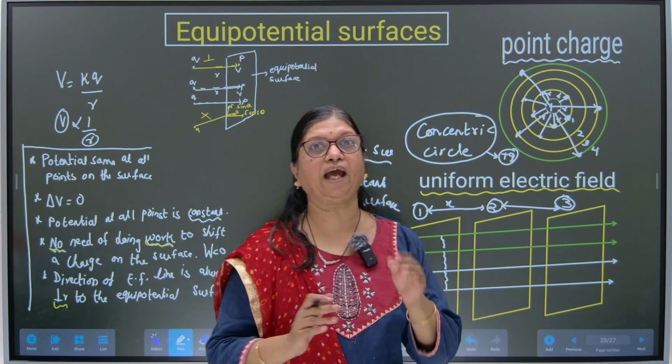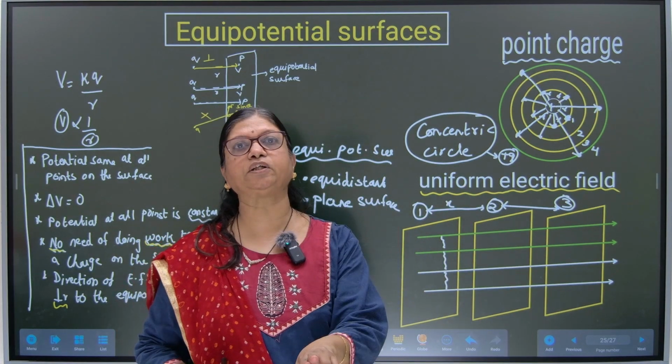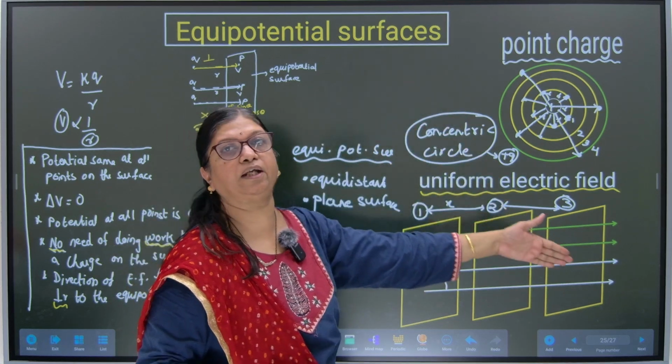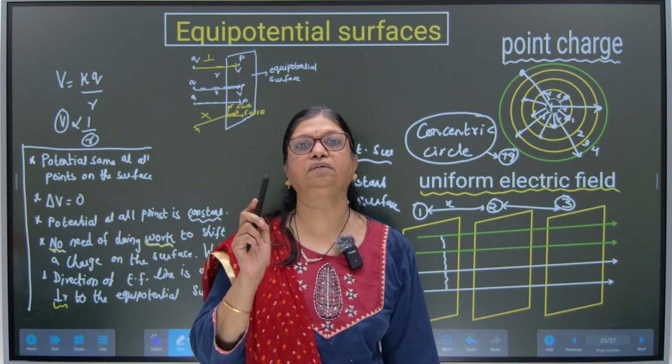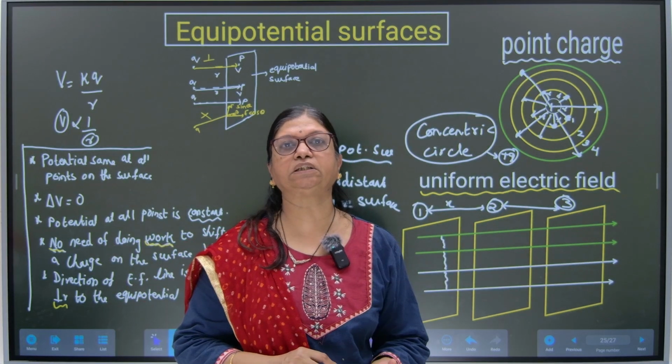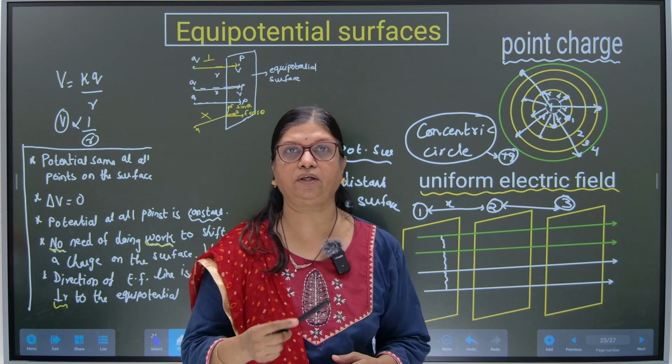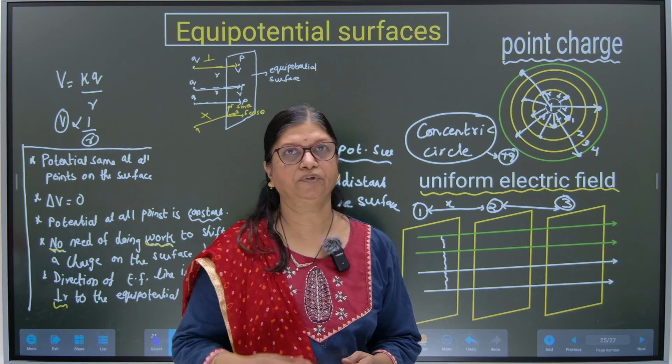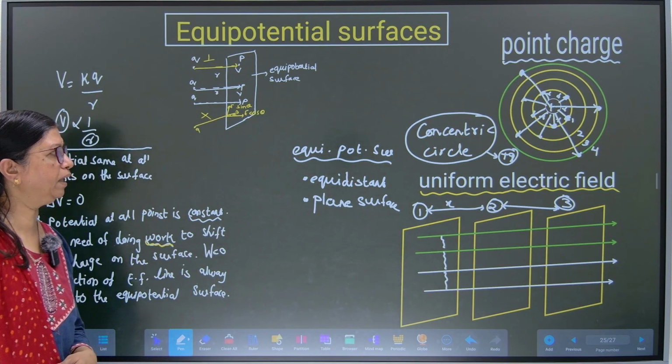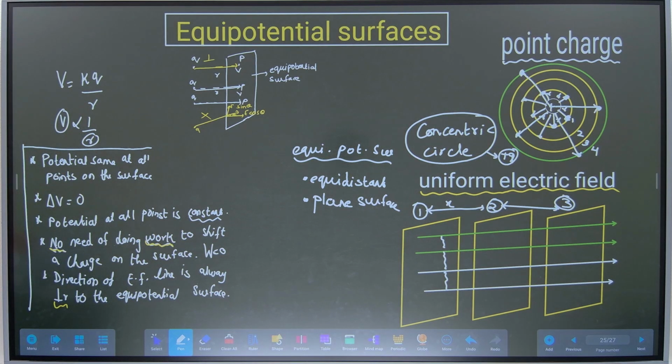So in this way, I have drawn equipotential surfaces for two configurations. Keep watching. We will draw equipotential surfaces for some more configurations ahead. Okay. At present, take a picture of what we have done just now, and we shall go to the next page for further configurations.